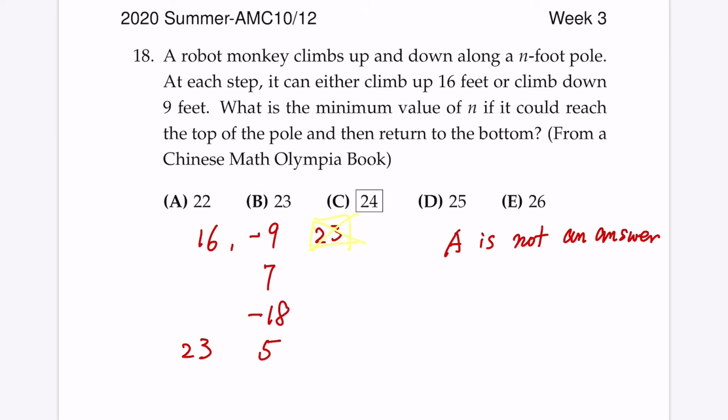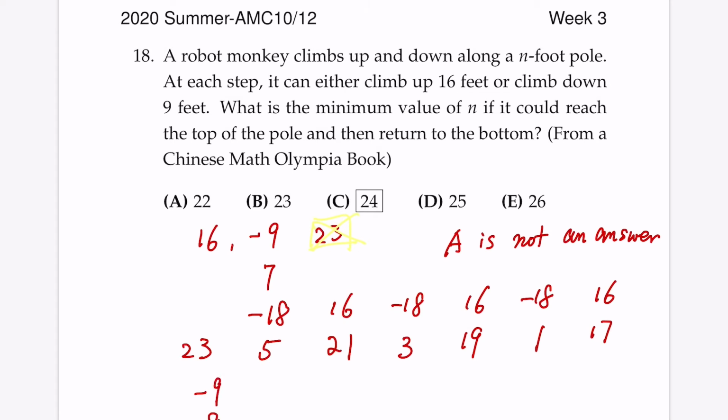Then you climb up by 16 and get 21. Climbing down by 2 steps, you get 3. Climbing up, you get 19. Climbing down by 18, you get 1. Climbing up, you get 17. And at this moment, you can only climb down by 9 once, and you get 8.